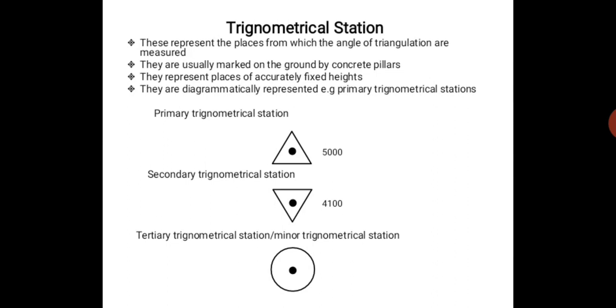When you see a perfect circle with a big dot inside, that shows that this is a tertiary trigonometrical station, stroke minor trigonometrical station. Tertiary and minor, they can serve for both purposes. It is either a minor one or a tertiary trigonometrical station, showing you determined height on the map.